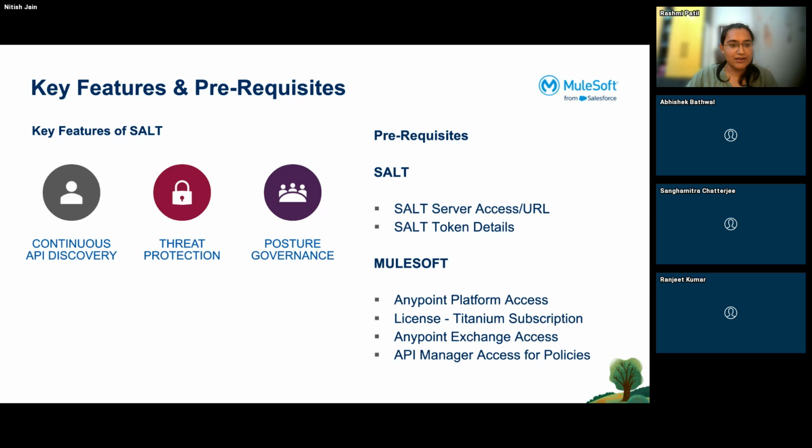We build hundreds of APIs, and if any policies are missed on any of the applications, we can easily identify them using posture governance, and apply all the security policies on top of it. It will also provide documentation of the API, what it is currently doing, what its flows are, and all those details.